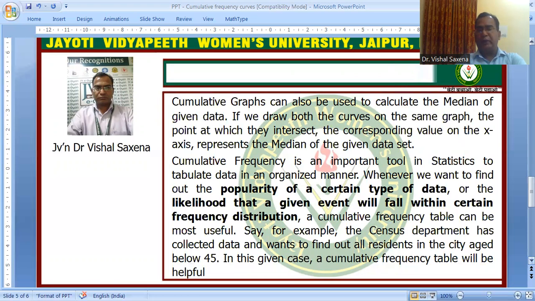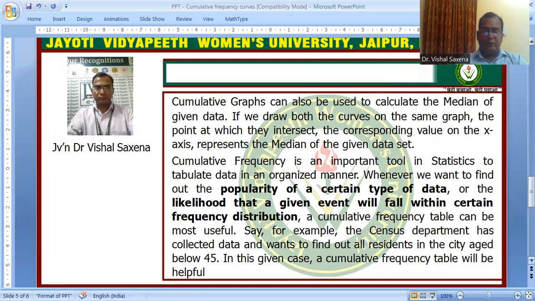Now, cumulative frequency is an important tool in statistics to tabulate data in an organized manner whenever we want to find out the popularity of a certain type of data or the likelihood that a given event will fall within a certain frequency distribution. A cumulative frequency table can be very useful. For example, if the census department has collected data and wants to find all the residents in the city aged below 45, a cumulative frequency table will be very helpful.